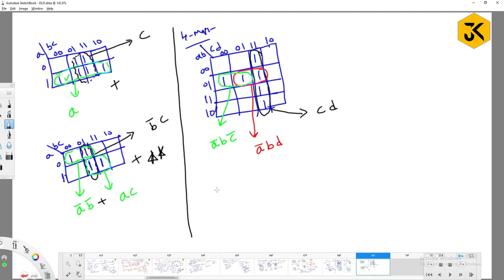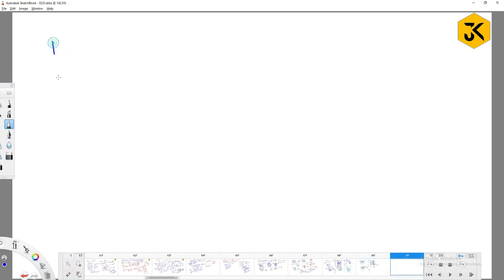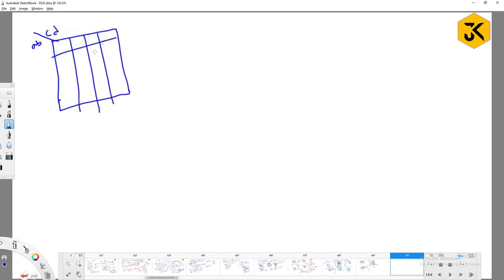Okay, so try to check here what is the meaning of this expression. A, B, C, D, with 0 0, 0 1, 1 1, 1 0 along both sides.